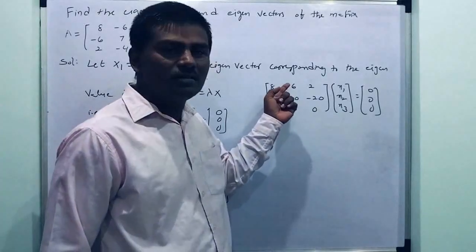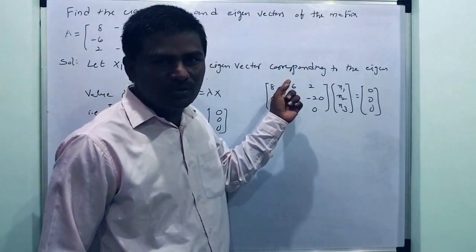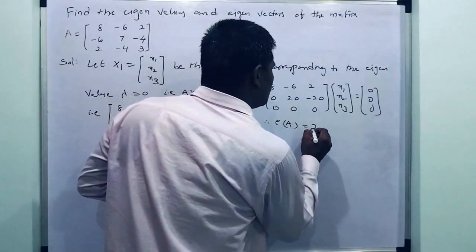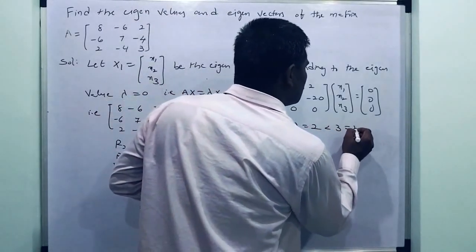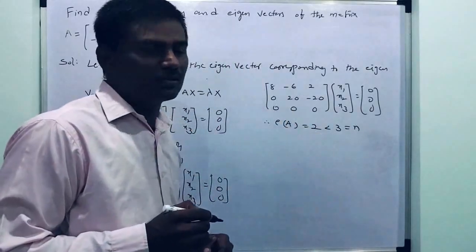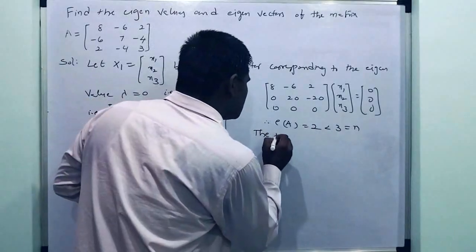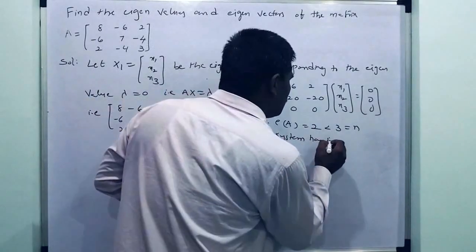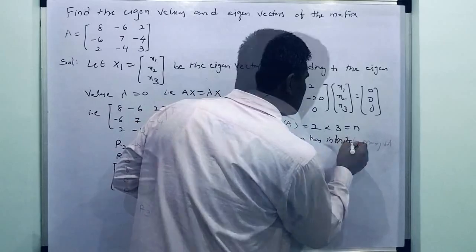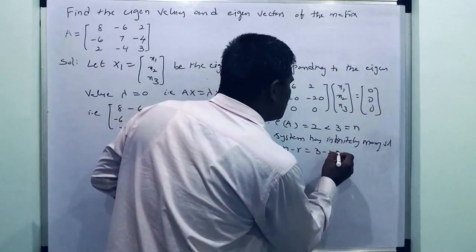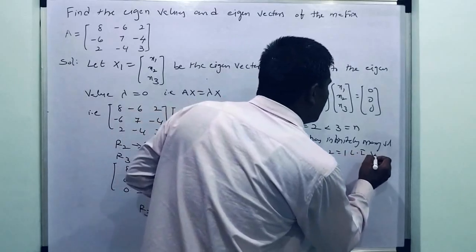The rank is 2 as the number of non-zero rows are 2. Therefore, rank of A is equal to 2, less than 3, the number of unknowns. That means the system has infinitely many solutions, and n − r, which is 3 − 2 = 1 linearly independent solution.